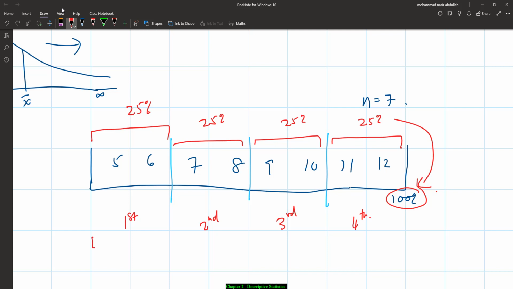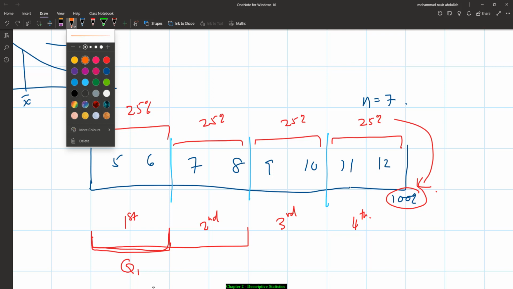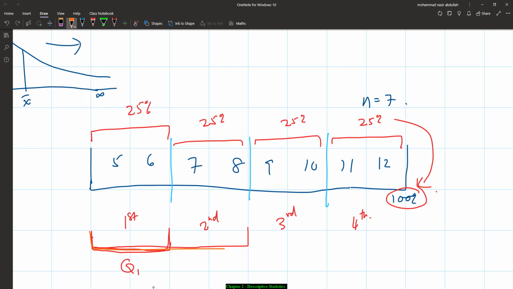Quartile number 1 represents the data of the first part. This is quartile number 1. Quartile number 2 consists of another 25%. 25 plus 25 will be 50. So this is what we call quartile number 2.